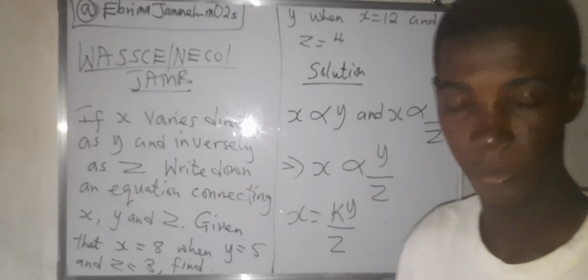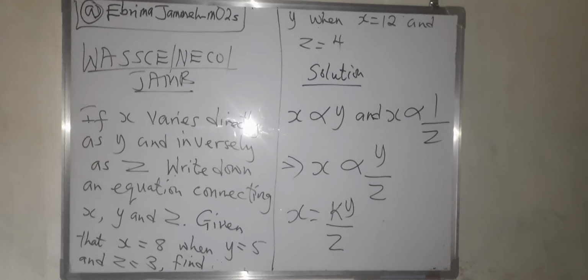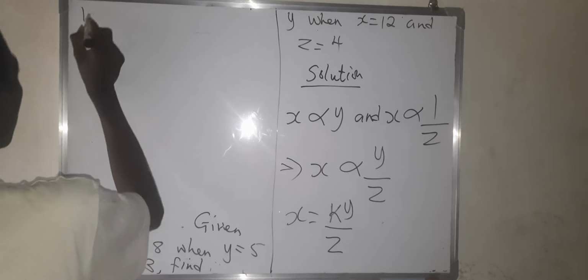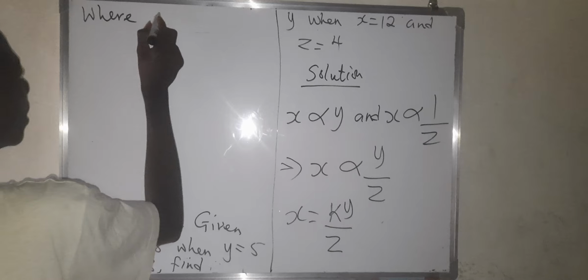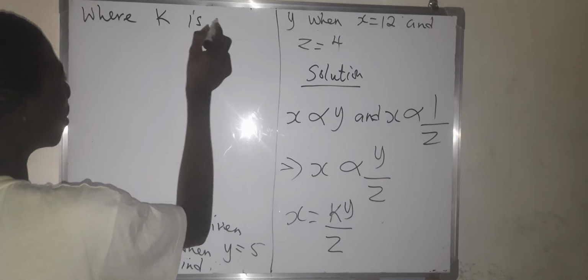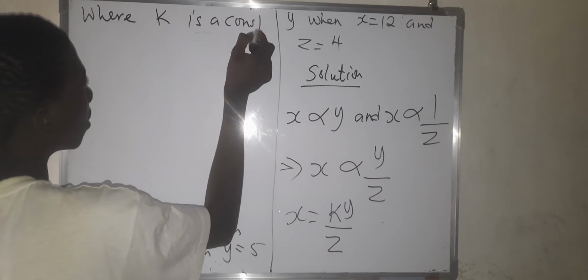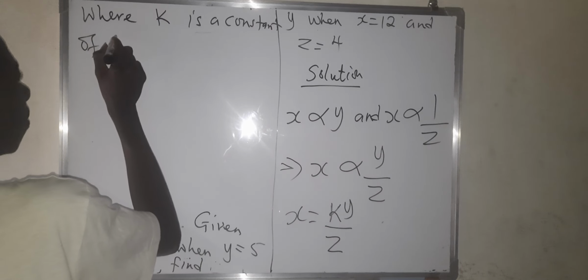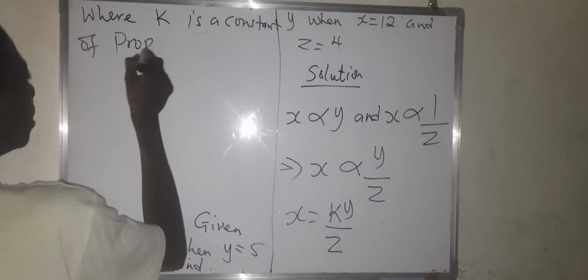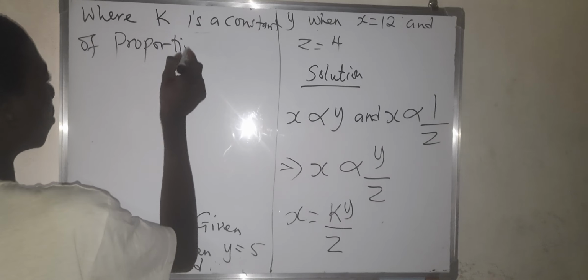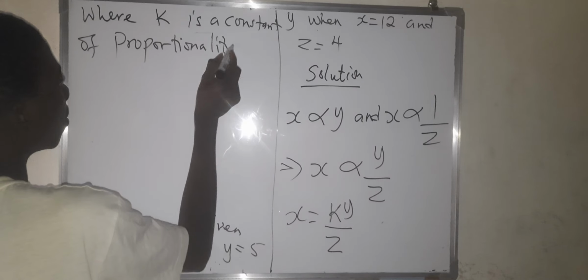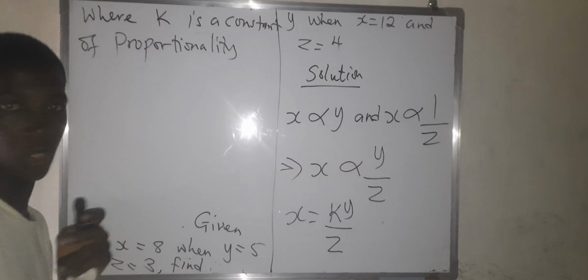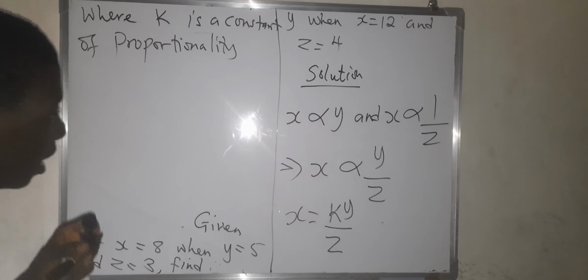where k is a constant of proportionality.